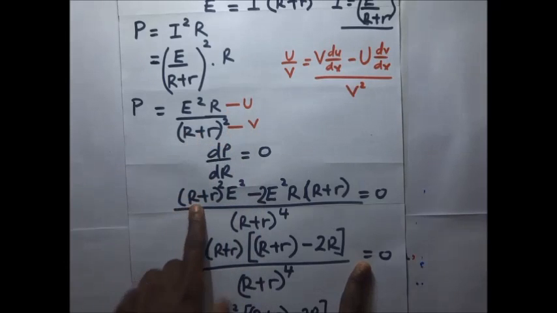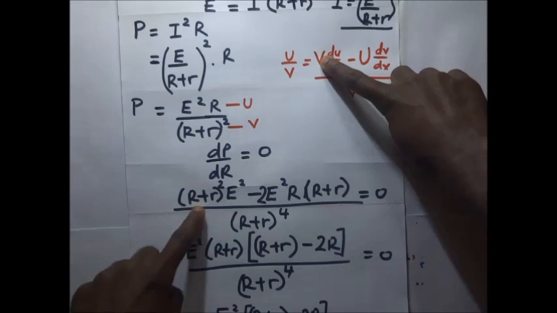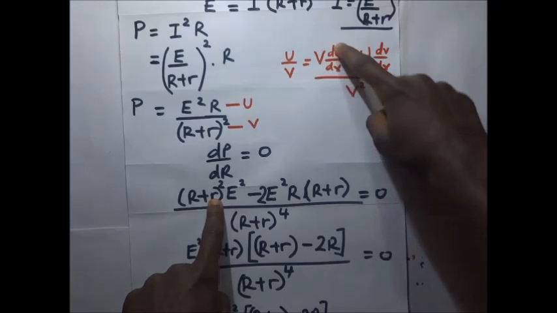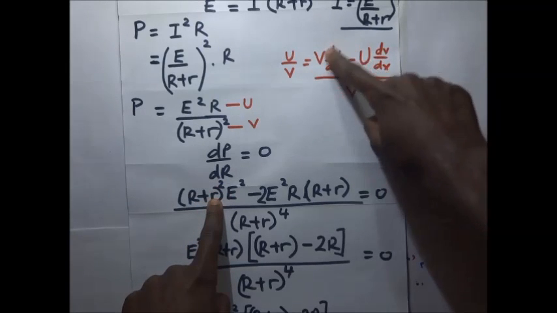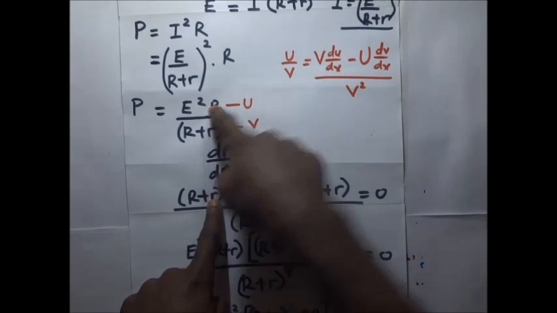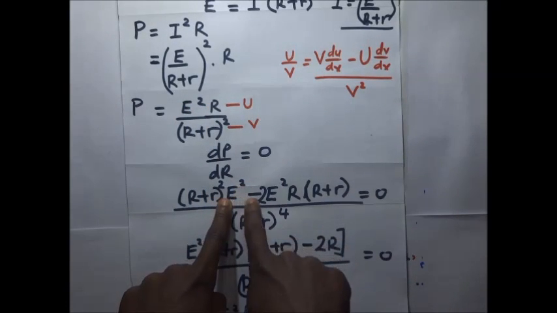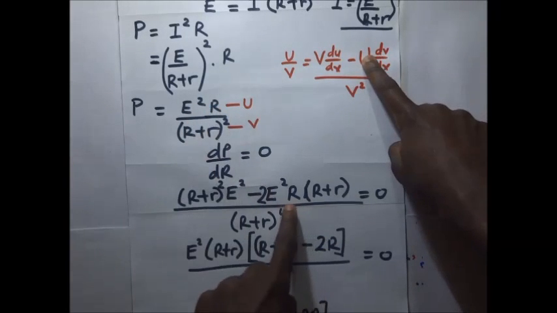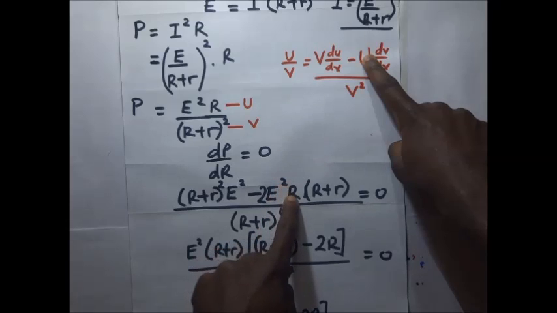So v, which is R plus r squared, multiplied by the derivative of u. Since we are differentiating with respect to R, it is going to be E squared. Our u is E squared R, and that is going to be that E squared R.